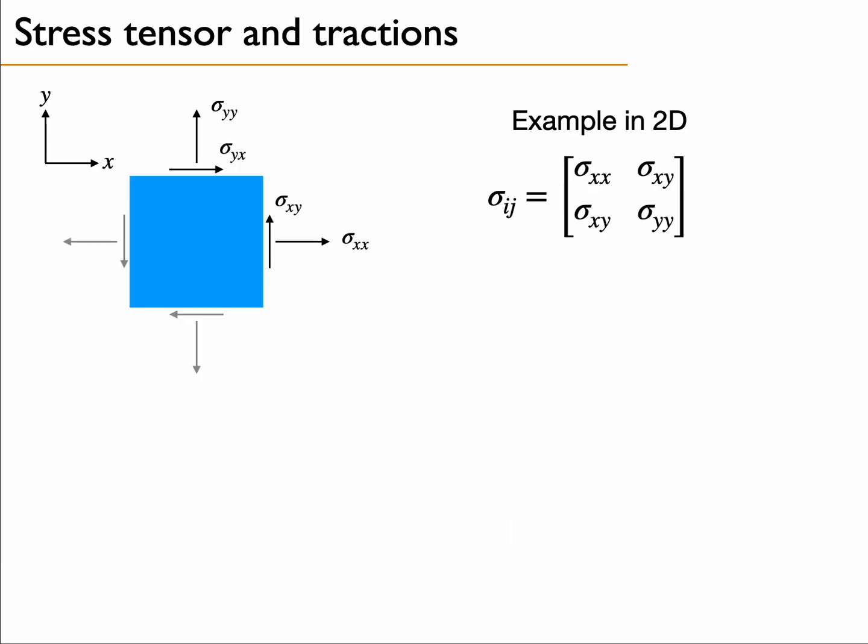In 2 dimensions, we make things a bit simpler here. We just represent a square. You see a shear stress and a normal stress acting on both sets of faces. So in 2 dimensions, we have 4 components. 3 are independent because sigma xy is equal to sigma yx.